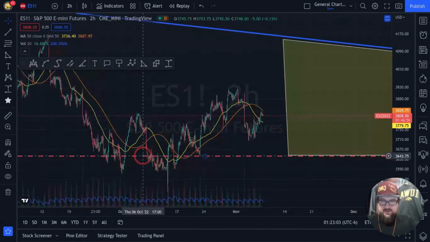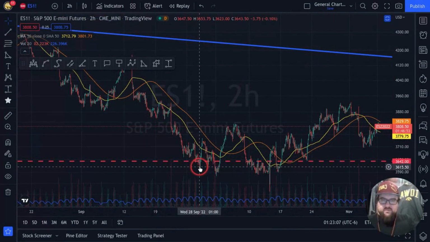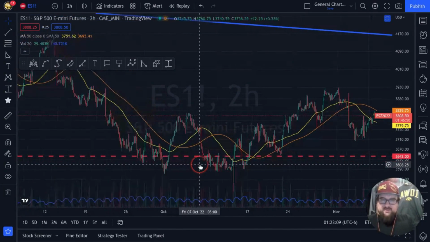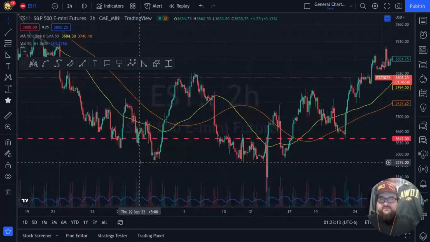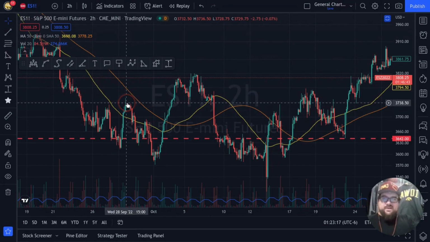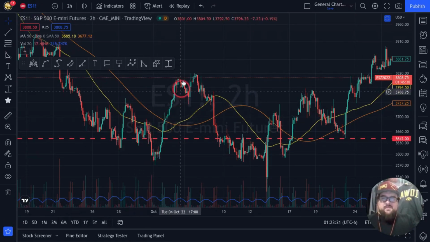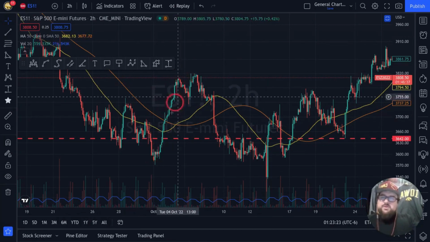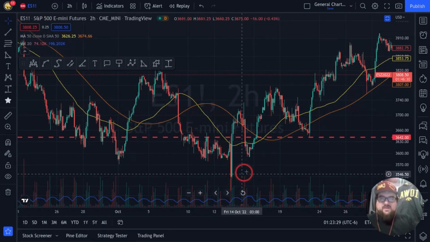The first time it tried to go down through it over here, September 28th, it dropped below briefly, then it hit a period of support. The bulls came in and tried to boost it above this line again, fell below. They had the rescue operation where the bulls came in, trying to start a new rally, trying to get back to those all-time highs, but it kept on sinking down and sinking down.